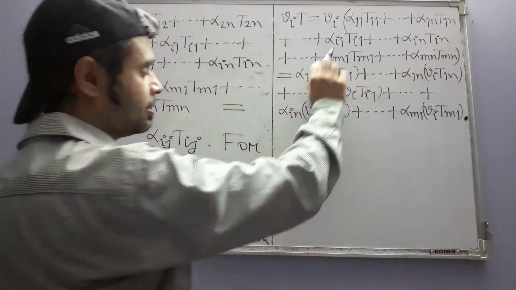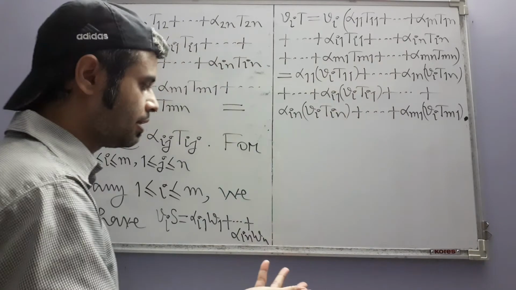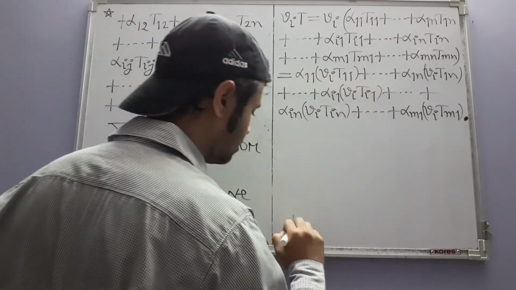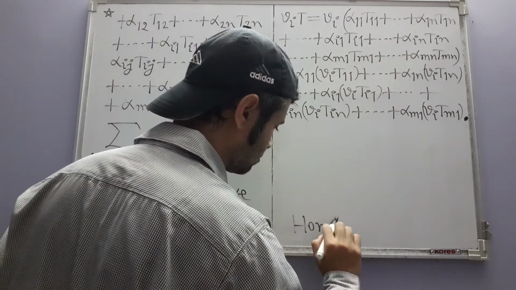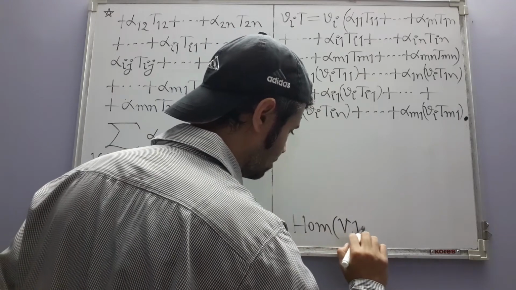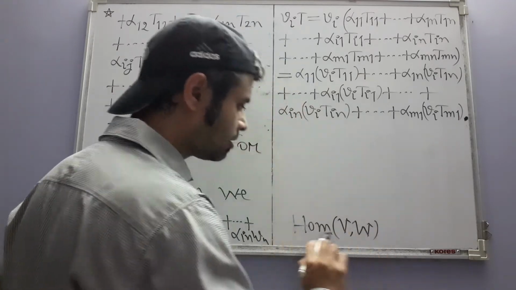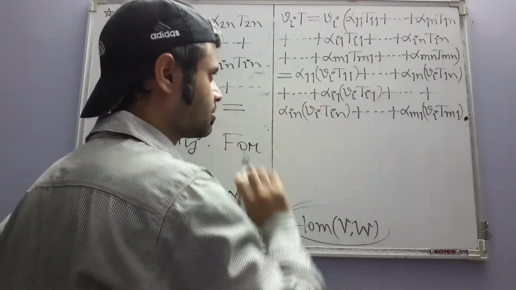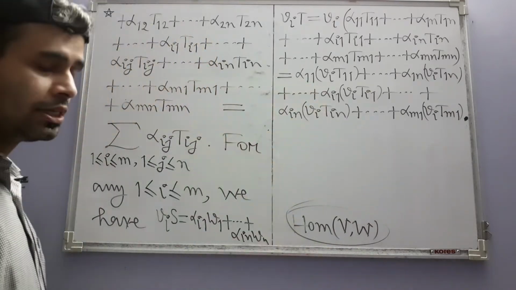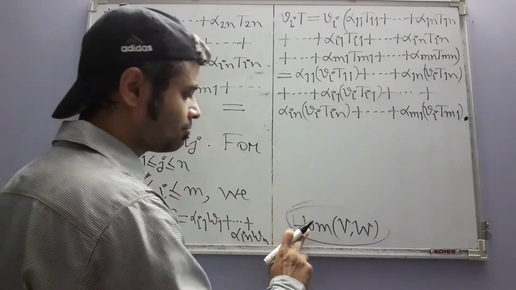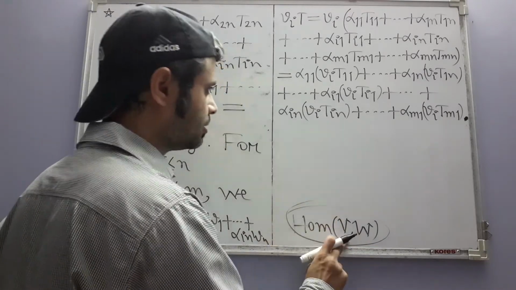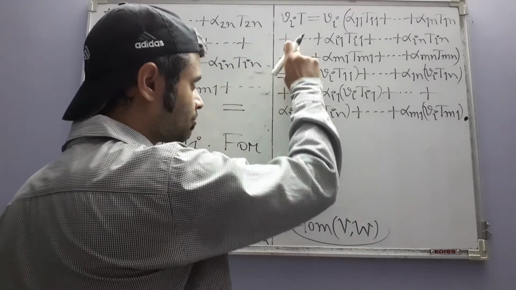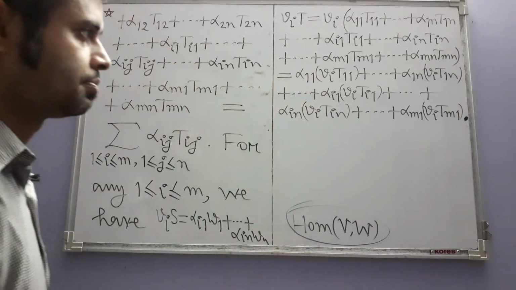Keep in mind that this expression itself is a linear combination in our home space. And by the definition of addition and scalar multiplication in this space, we have got this step.